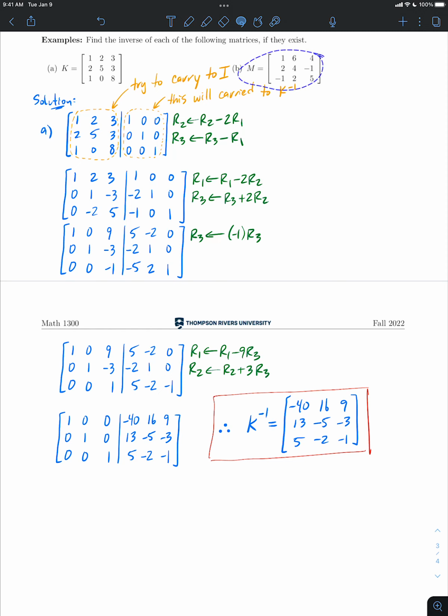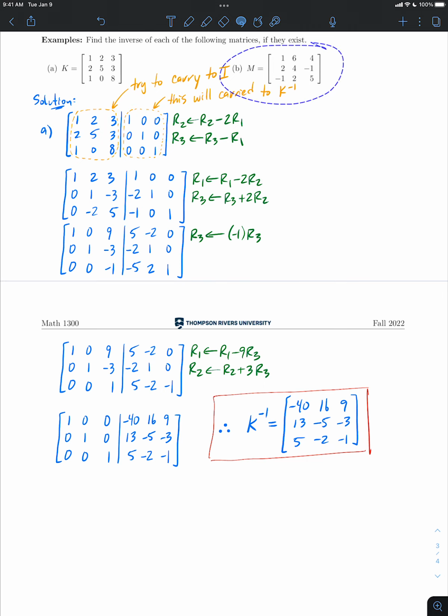By the way, this doesn't just work for 3 by 3 matrices, right? This matrix happened to be 3 by 3, so when we adjoined it with the identity, we used the 3 by 3 identity. So if you had say a 6 by 6 matrix that you wanted to find the inverse of, you'd put that 6 by 6 matrix here, and then you would put the 6 by 6 identity matrix here. So you can do this at any level of complexity, no matter how large your matrix is, as long as it's square, of course.